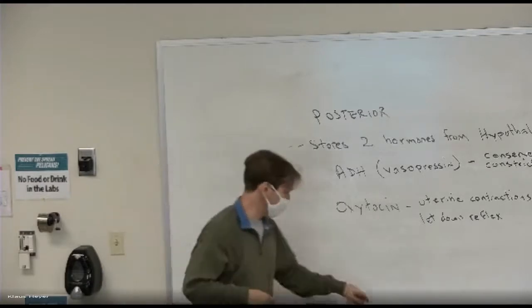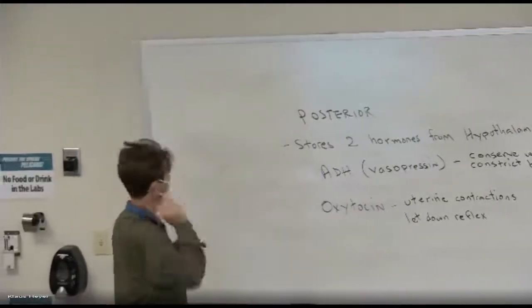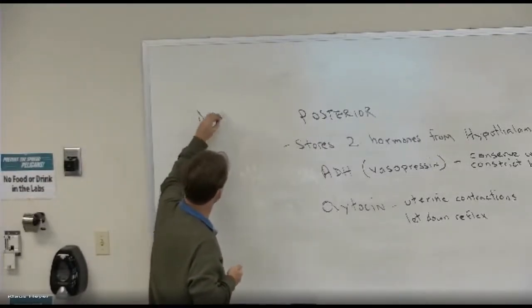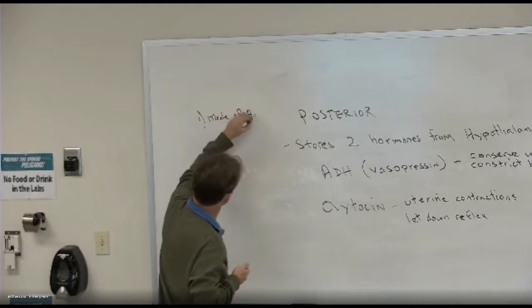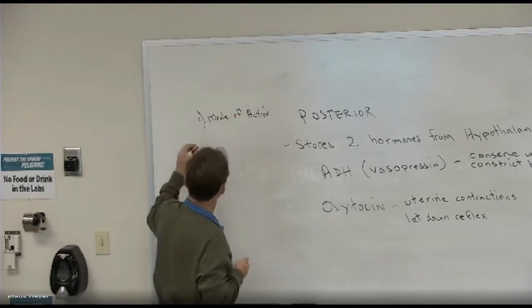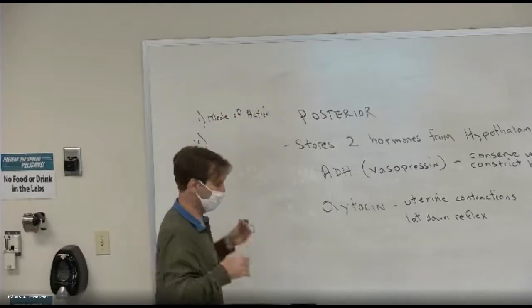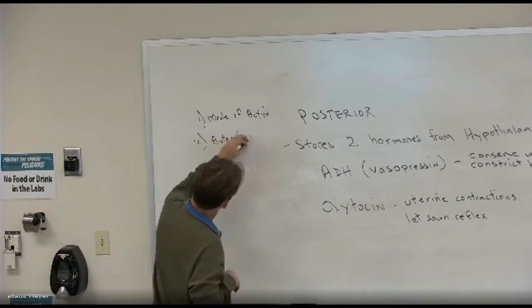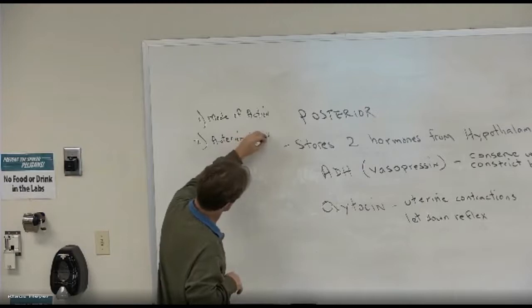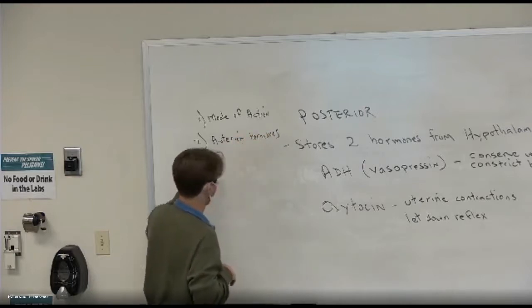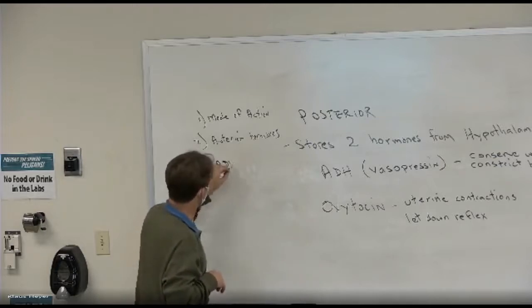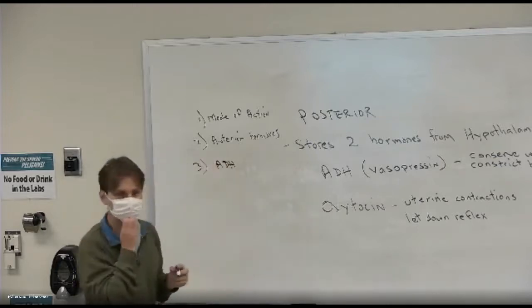Let's recap. Let me think about test questions. One, we know the mode of action of hormones. Two, the anterior hormones. Three, how does ADH work? I'm trying to get to 5.